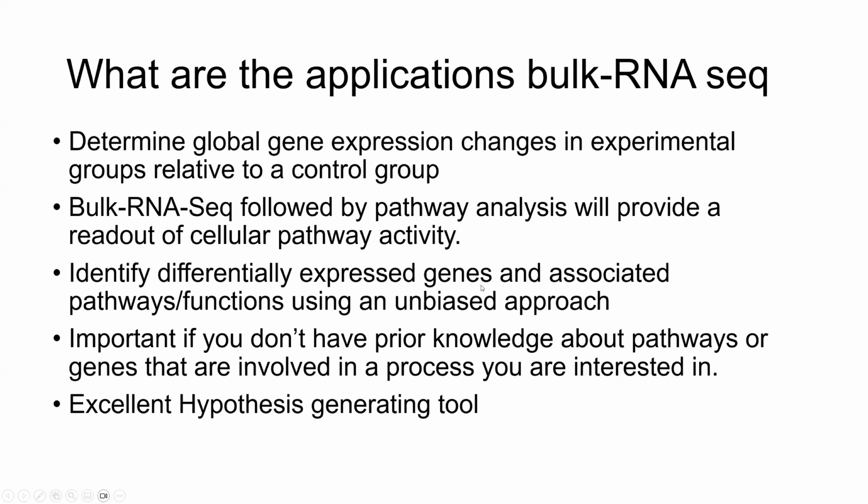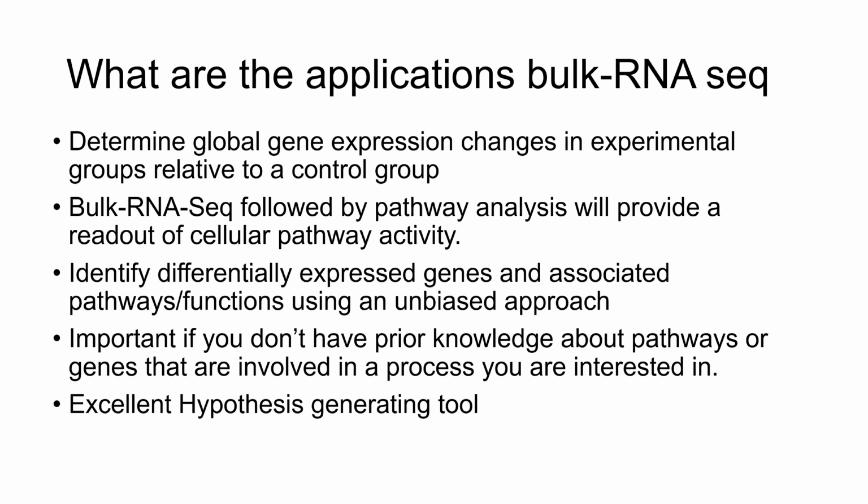And then with the right pathway analysis, you can identify functions and pathways based on those expression changes, using an unbiased approach. This becomes important if you have a compound, a natural product for example, that is having a cellular effect, like inhibiting cell growth, but you have no real prior knowledge about the mechanism by which it's doing so.